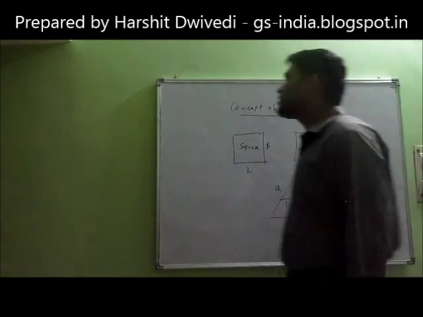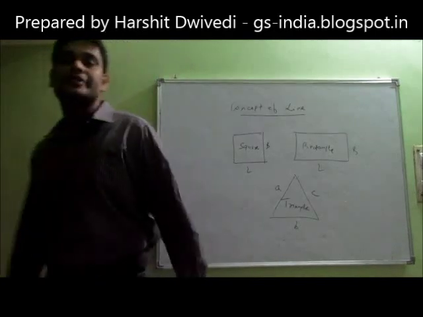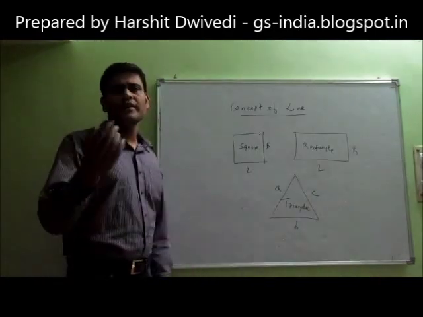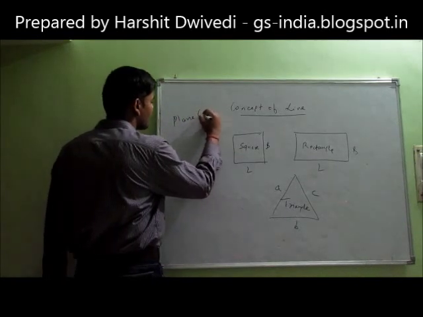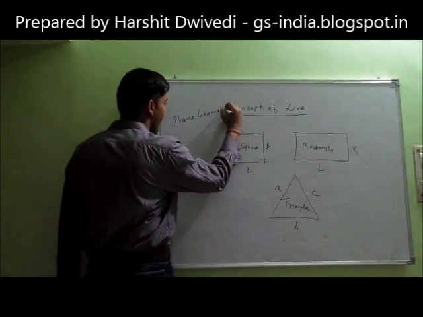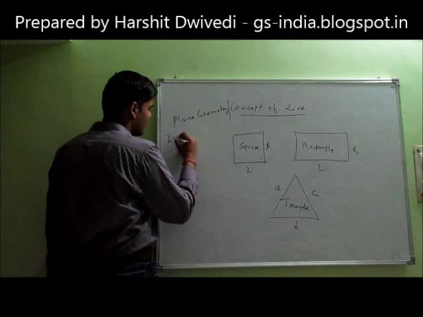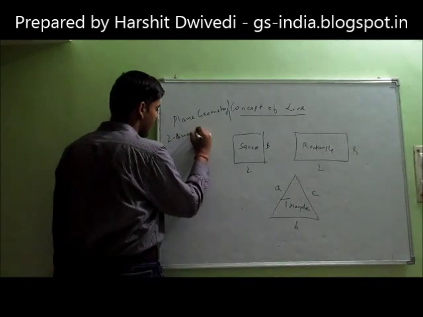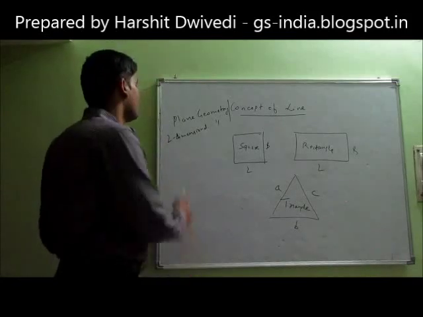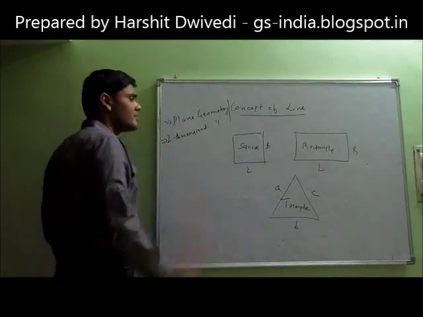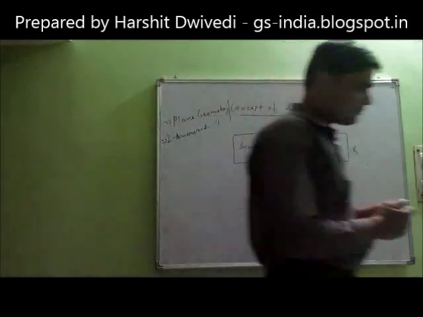I told you 2-dimensional means those figures that can be represented on a plane. So you can call it plane geometry or you can also call it 2-dimensional geometry, whatever you like. Both are correct.